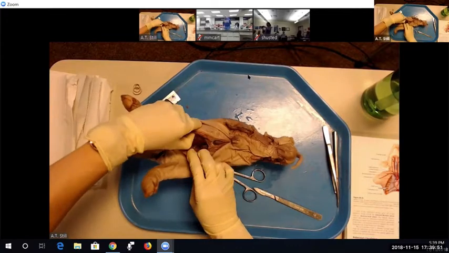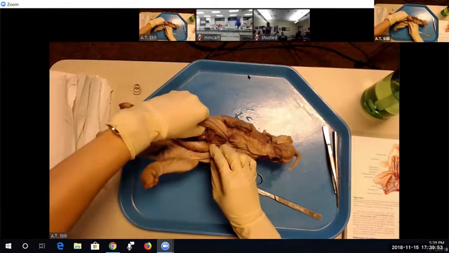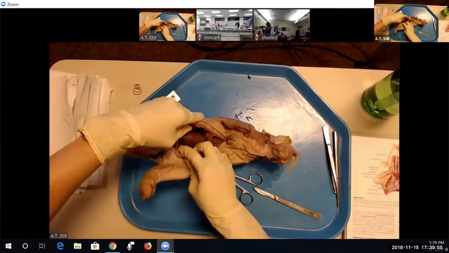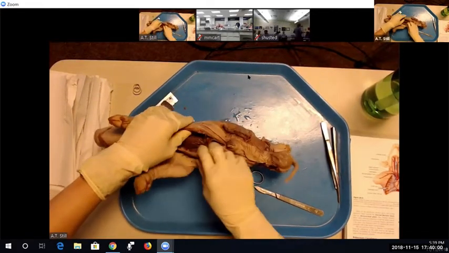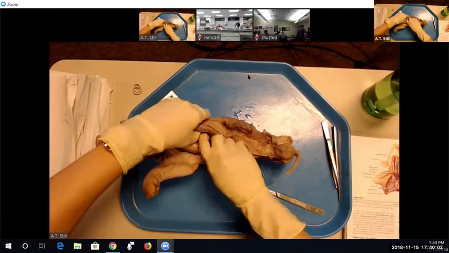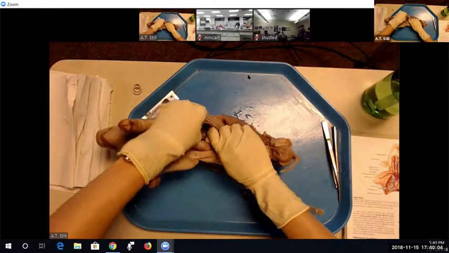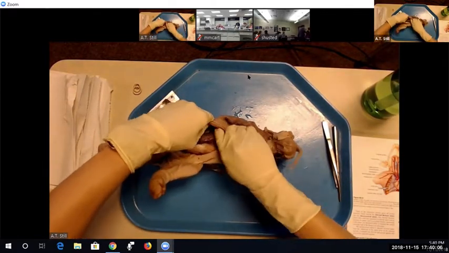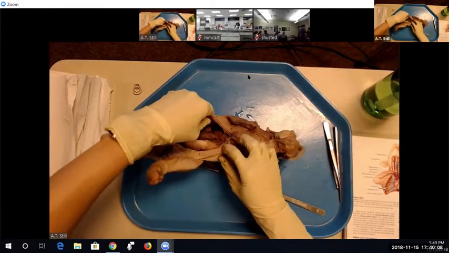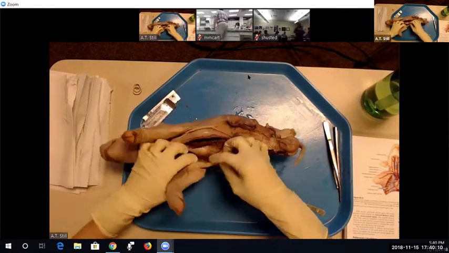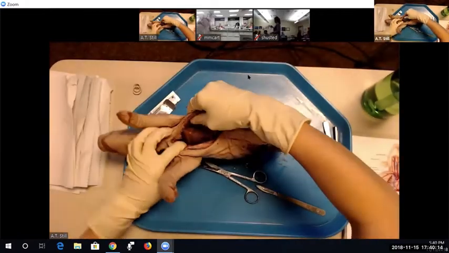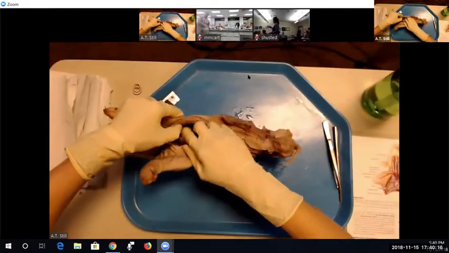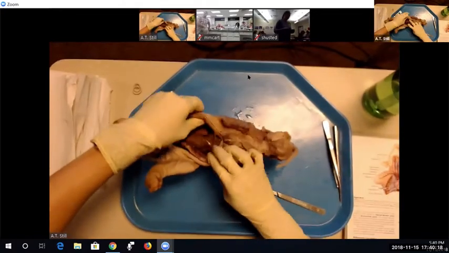We just want to open it up so that we can see the heart and the lungs. You'll also find that there's probably a lot of fluid in here, so you might need to use some paper towels to sop up the fluid. So you'll want to separate everything so that you can really open it up and get a good look at what's going on inside.